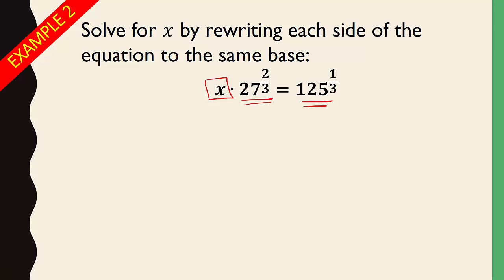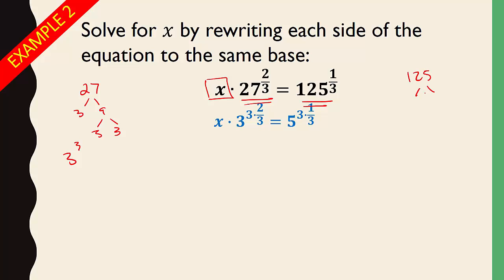The easiest way to do that is to knock them down to the simplest base to a power. In this case, 27 can be written as 3 to the 3rd power, which is what I did here.